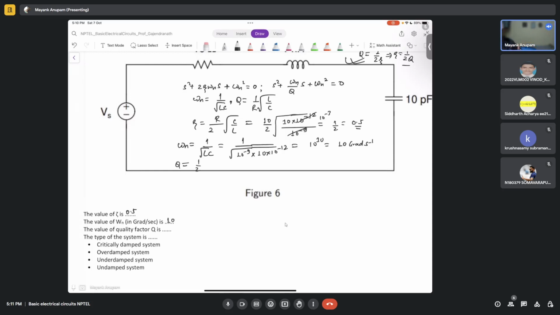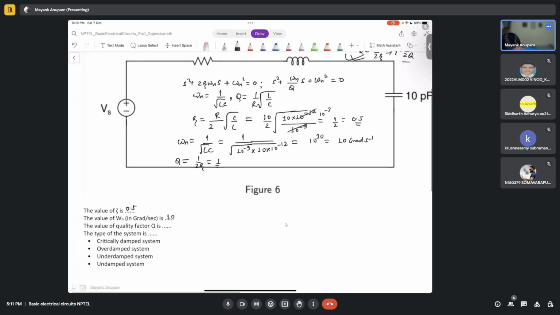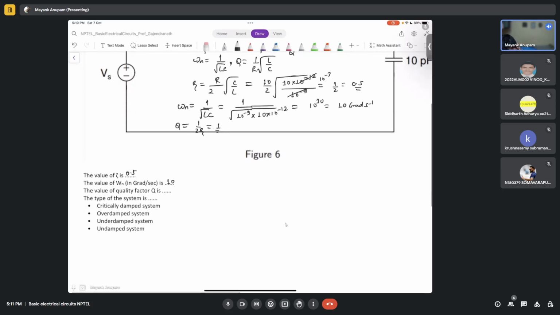One over 2 zeta. How much is that? 1, right? It is 1. What is the type of the system? Underdamped. Yes, it is underdamped, right?